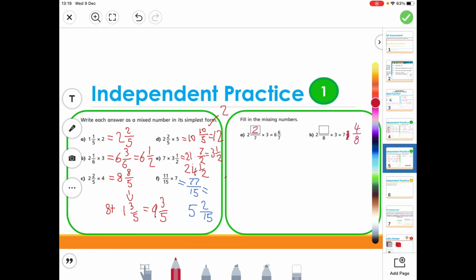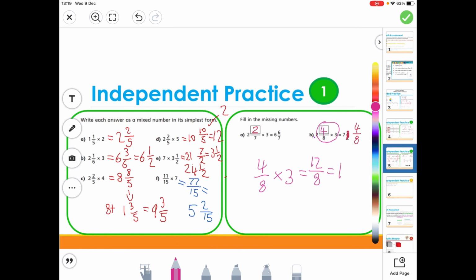I'm going to look at my whole numbers first. 2 times 3, but we have a whole number of 7 here. Now, that suggests to me that we need an improper fraction at the top. We need our improper fraction to equal 1.5. Now, I know that if I put a 4 here, 4/8 times 3 will equal 12/8.